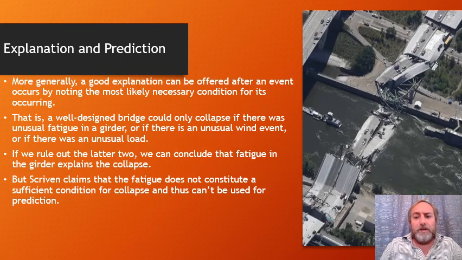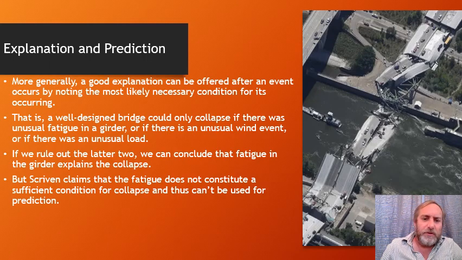So, in general, his point is that a good explanation of an event is that you point out the most likely necessary condition for the event. So a well-designed bridge could only collapse if there was unusual fatigue in a girder, or an unusual wind event, or maybe something too large going across it, right?